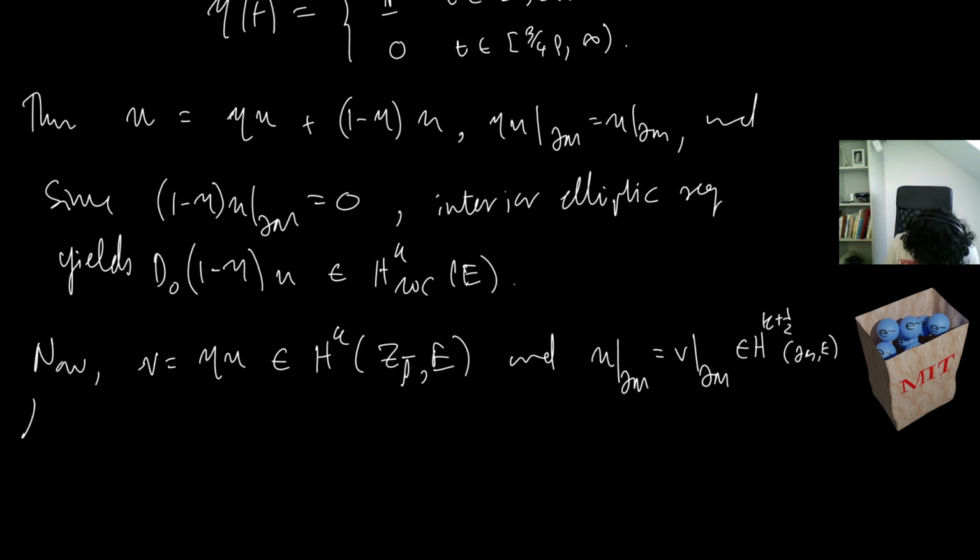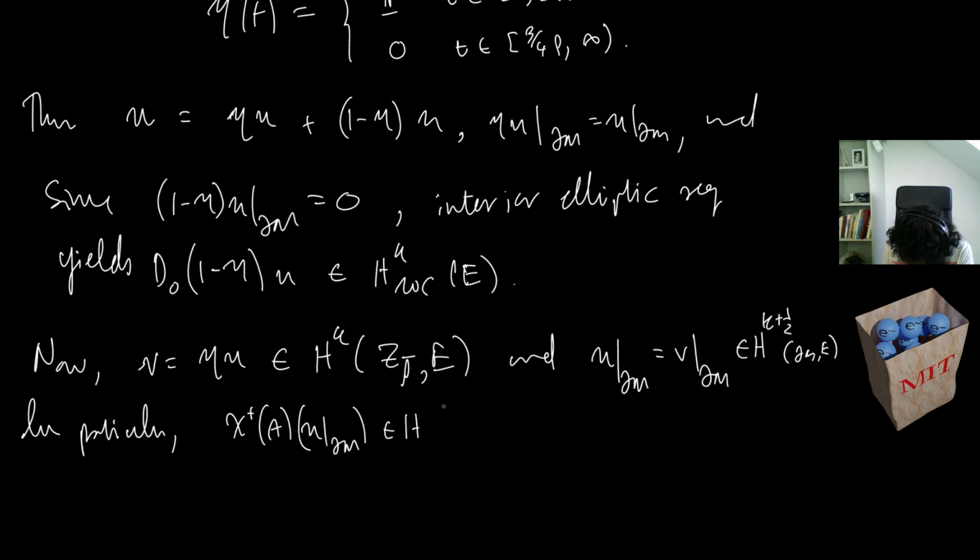So in particular, we have that χ₊(A(u|∂)) is in H^{k+1/2}(∂M; E), because remember, these spectral projectors are bounded on all Sobolev scales, right? That's something that we said right at the start.